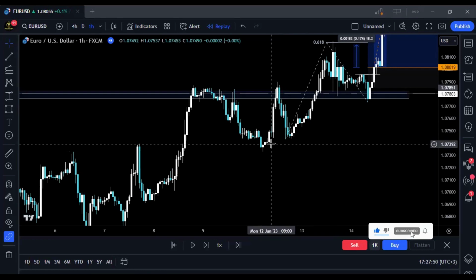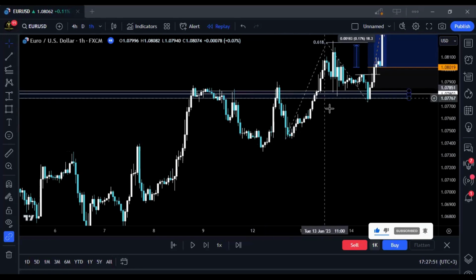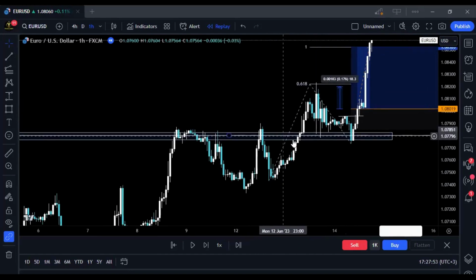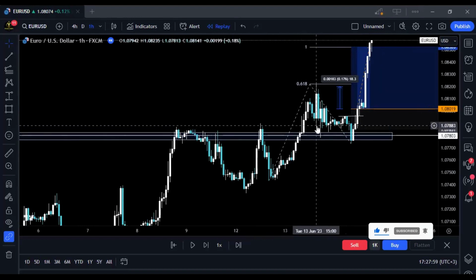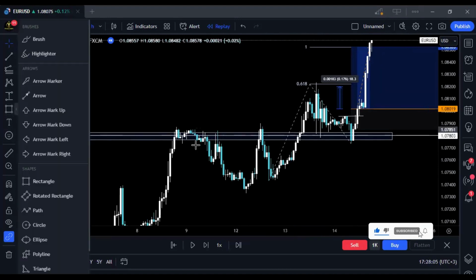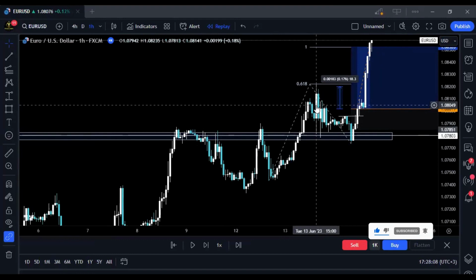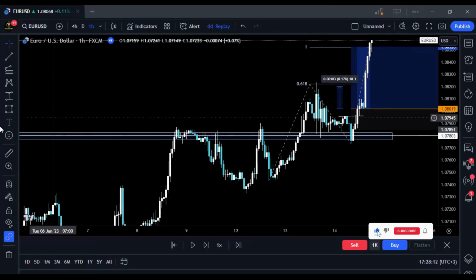On June 13th, we took a trade. Let me show you where we took the trade. We actually took a trade somewhere here. You see this June 13th? So we actually took a trade there.